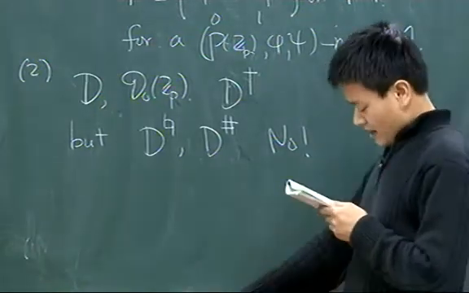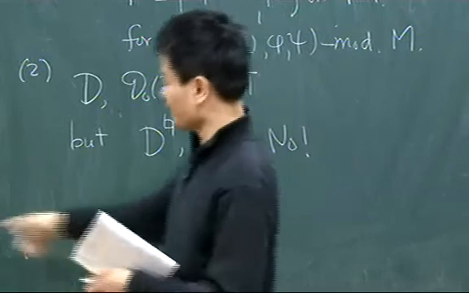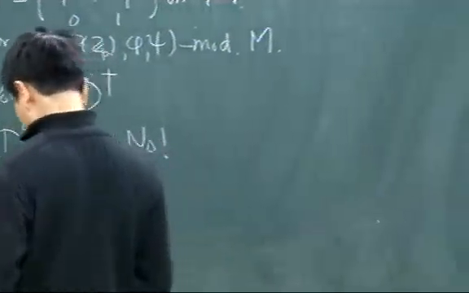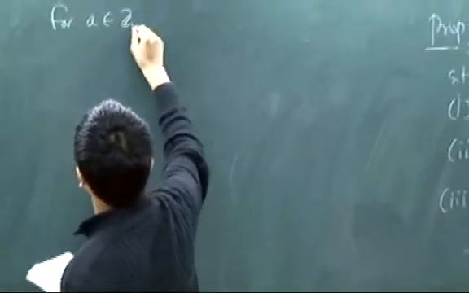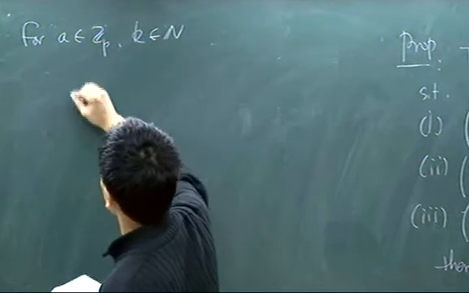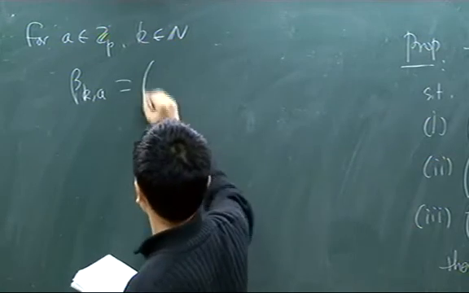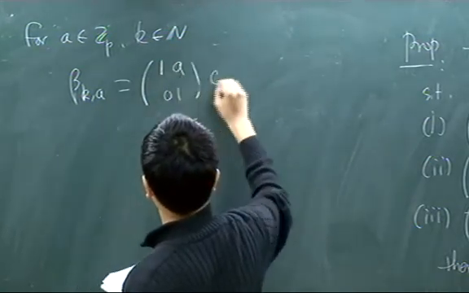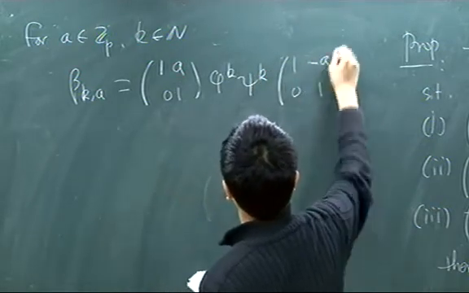Now for this, the real thing is we need to define something of restriction, so we need to use the property here. For a in Z_p, k in N, let's say beta k a is just this: (1 a; 0 1) phi k psi k (1 minus a; 0 1).